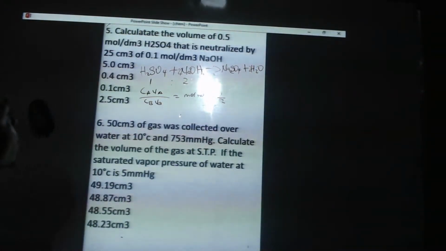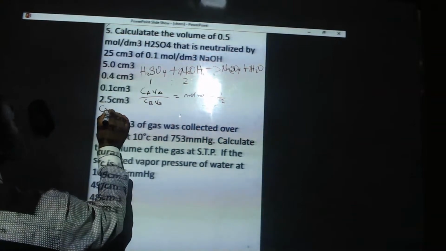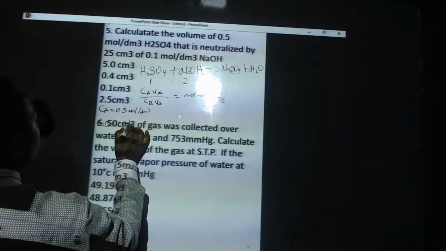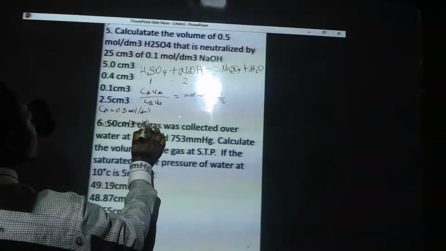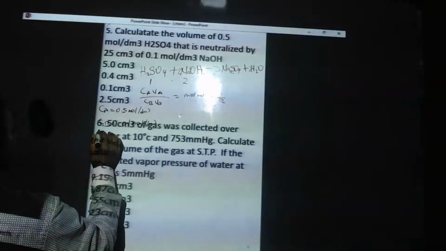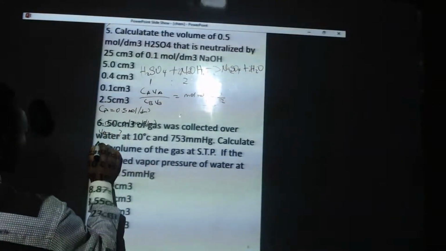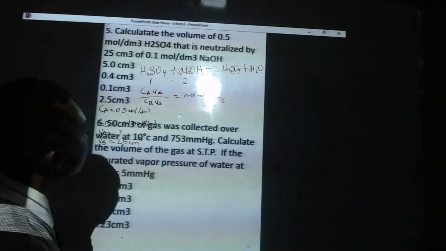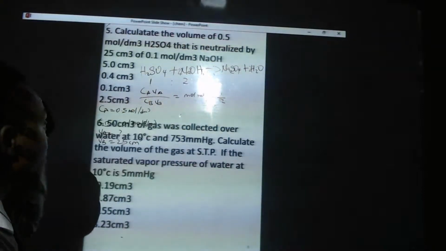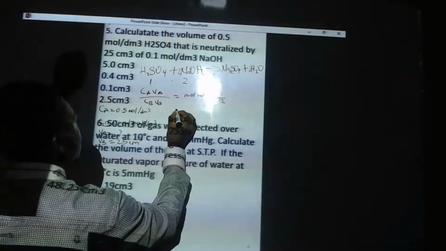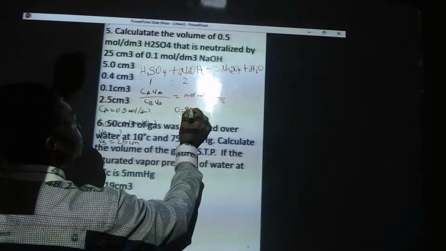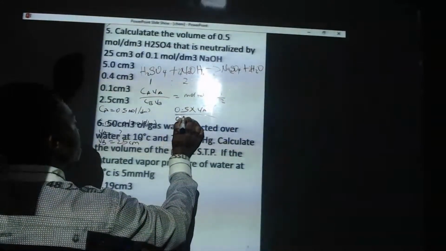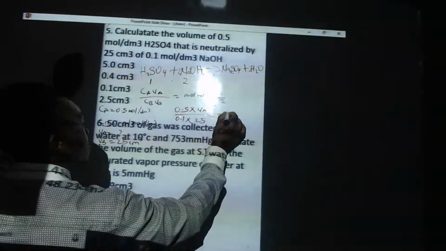So now the concentration of your base is 0.1 mole per dm cube. Volume of your acid, which we don't know, volume of the base is 25 cm cube. So we can just use this and solve it. Now you see Ca, which is 0.5 multiplied by your Va, which you don't know, over your Cb, which is 0.1 multiplied by 25, equals 1/2.